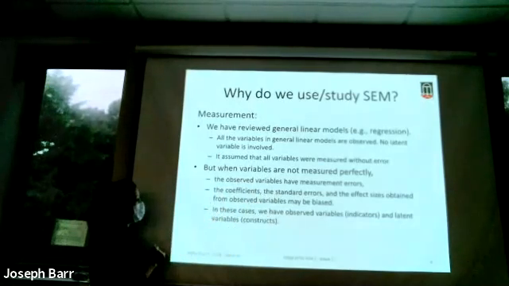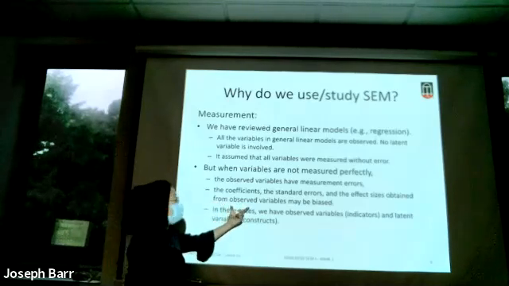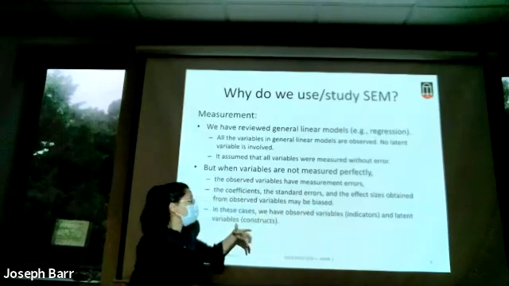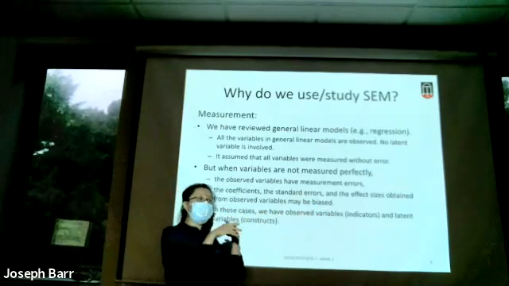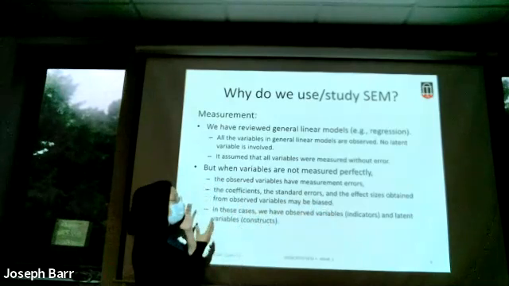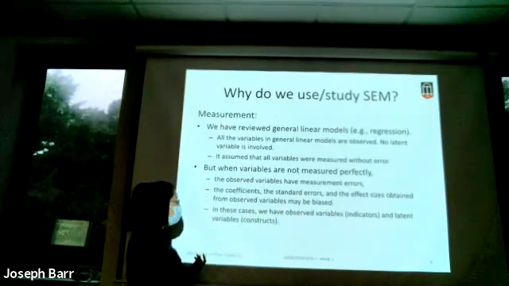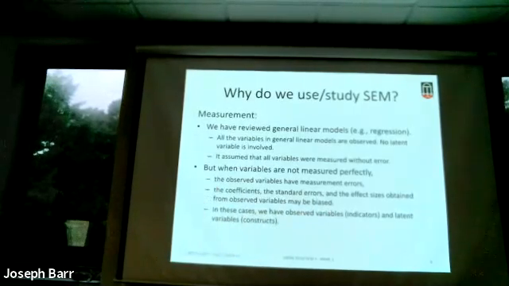So if you still use regression to do the data analysis, the coefficients, standard errors, or effect sizes might be biased, because those are observed variables including some measurement errors, not true variables. So we have different types of variables: observed variables and latent variables, or latent constructs. That's one reason we are going to study SEM.